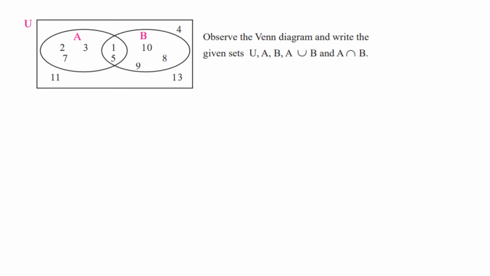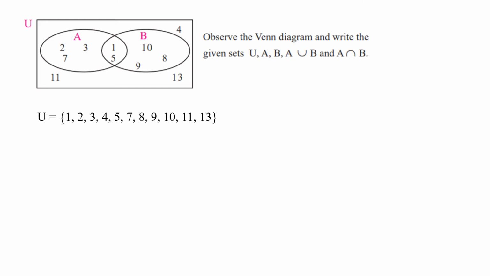So you will write all the elements which are in this rectangle. Okay students, so the universal set contains all the elements, that is 1, 2, 3, 4, 5, 7, 8, 9, 10, 11, 13.